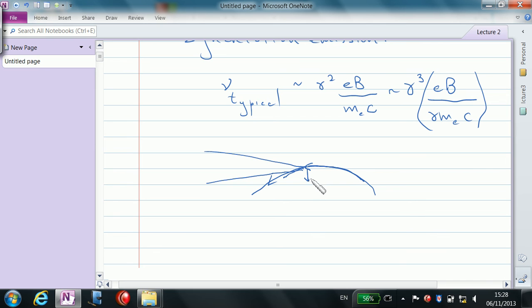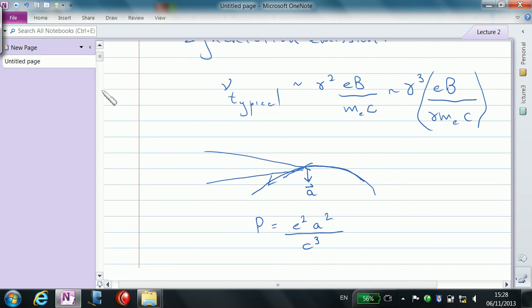The acceleration vector is always towards the center of the gyro orbit. And the power emitted is equal to e squared a squared over c cubed.